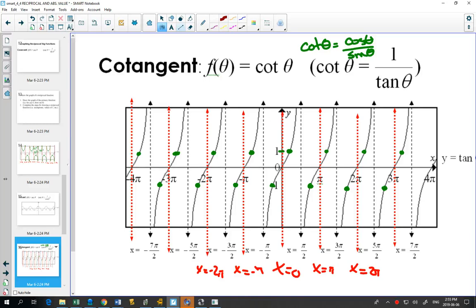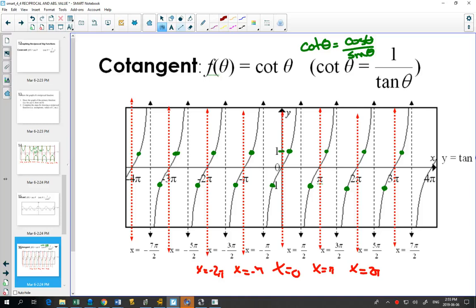They both are cotangent. There's one small difference. When you talk about 1 over tan, it can never equal 0 because your numerator can never be 0. But when you talk about cos over sine, the numerator can be 0. It can be 0 exactly at the same place where cos is 0.